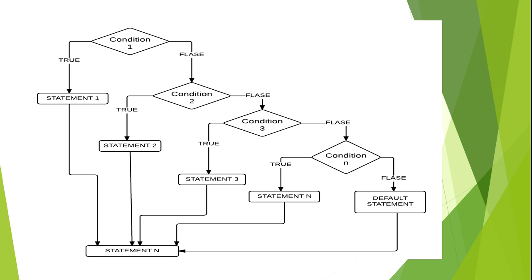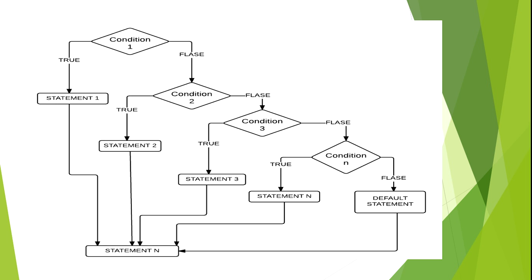But in the if else if else statement, if a condition is true, it executes its statement, and if all conditions are false, there is always one default statement which is going to be executed. So this is the main difference between the if else if statement and the if else if else statement.